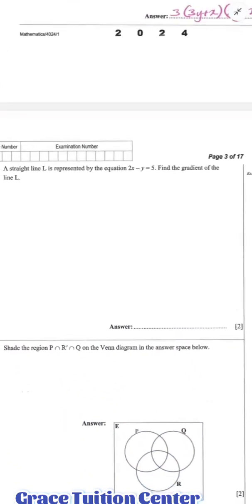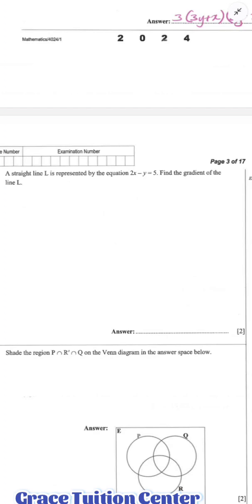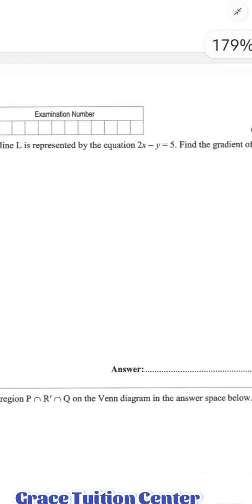That is the reason why a lot of working space is left here for you to do your working. So there will be no need for you to look for a paper where you can do your working and then transfer your answer here. Everything must be done here. So remember to show your answers.